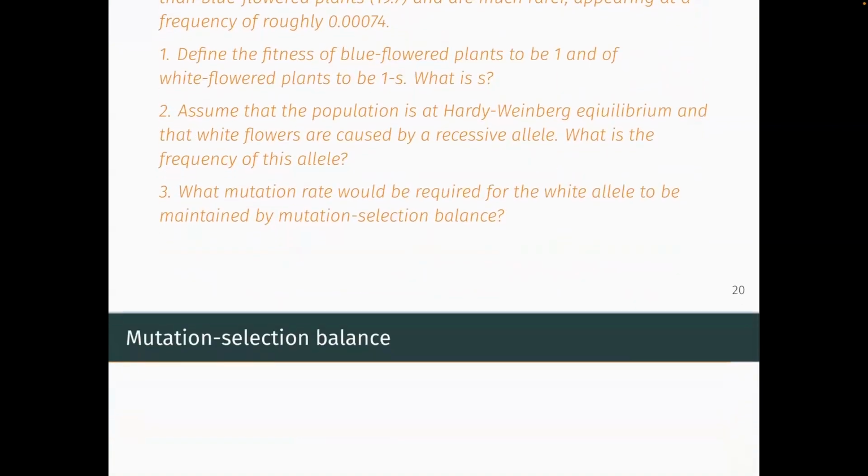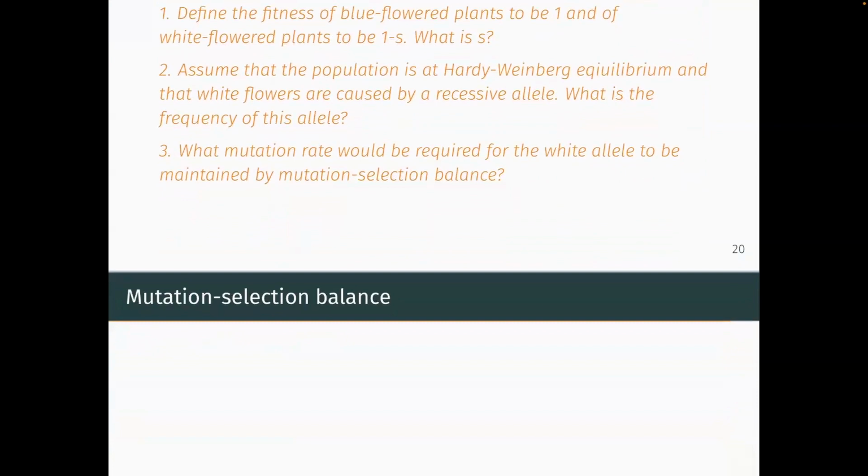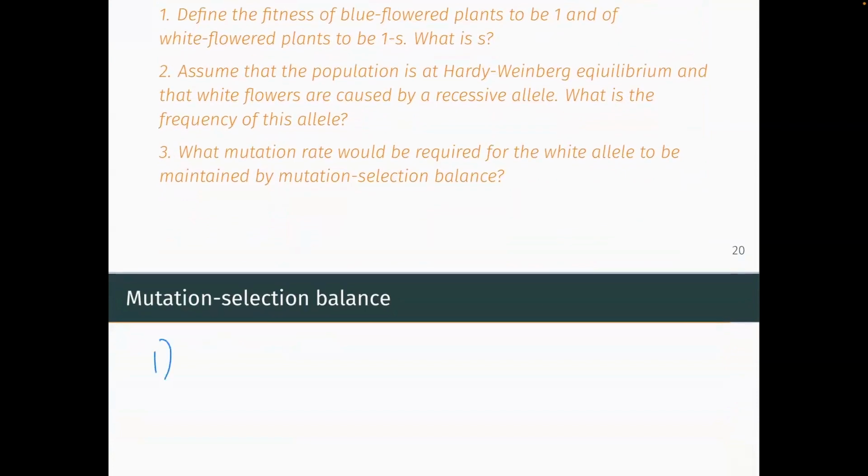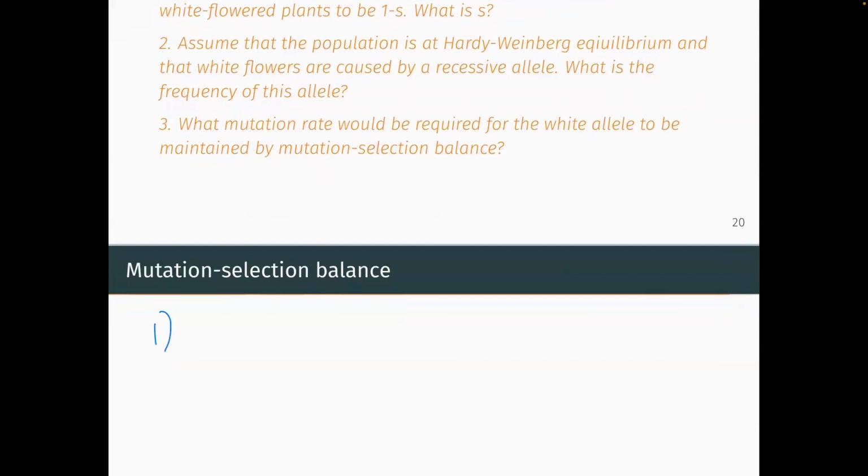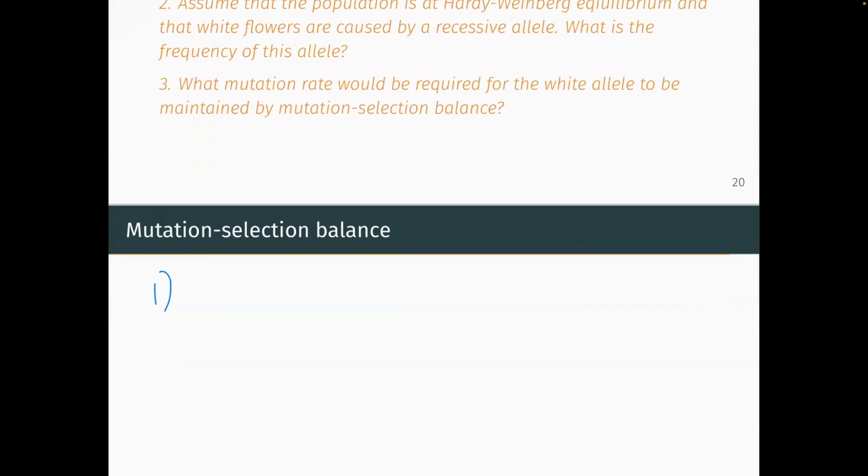Let's go through the first part together and see how we get on. We need to work out this selection coefficient. We're given the absolute seed production of white flowers and blue flowers. We don't know whether the seeds themselves are going to be white or blue just from that information.